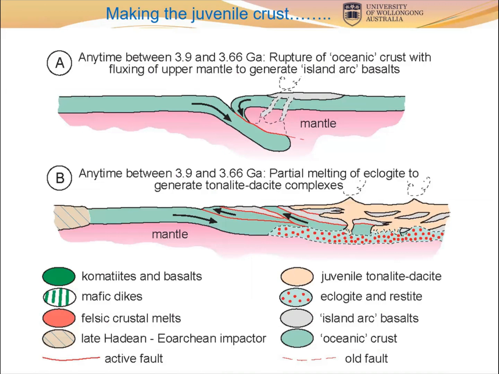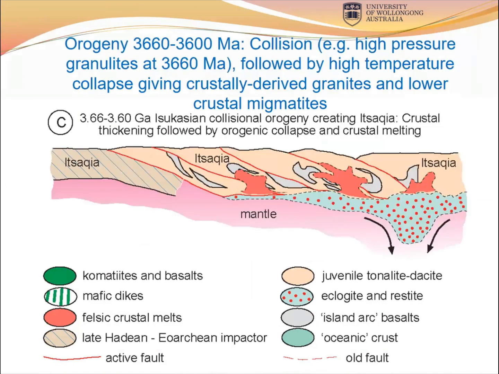So as a very quick overview, this is something that could be happening. First of all, you get the first pulse when you get a break in the oceanic crust. You get melting in the mantle to make the early arc-like basalts, and then you get the later stacking up along that boundary to get the tonalites, which then invade everything.